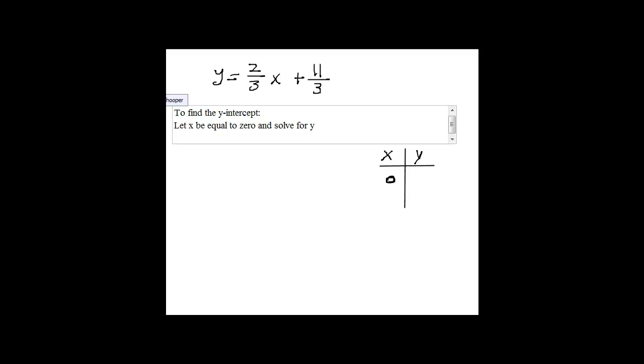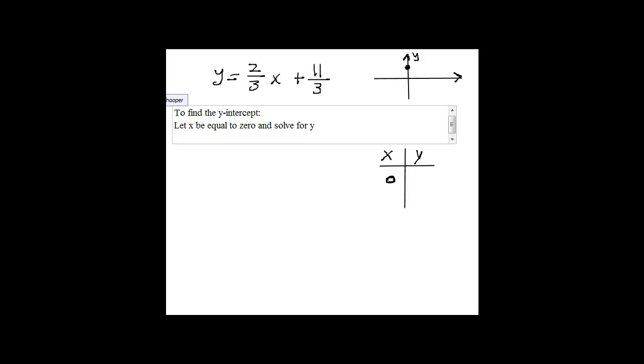okay, Michelle saying X is equal to 0. You want to find the Y-intercept. Every time you want to find the Y-intercept, you want to know where your graph is going to intercept the Y-axis. That's why. So if you look at the graph here, you want to know where your graph is going to intercept the Y-axis. Wherever point it is, if your graph passes through this point here, then obviously X would be 0 here.